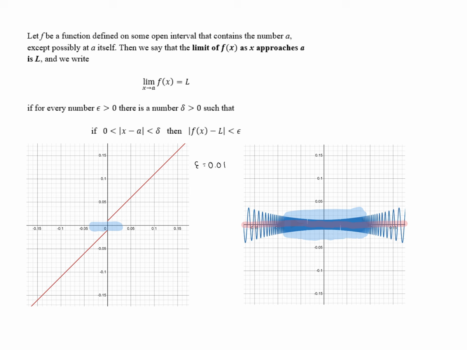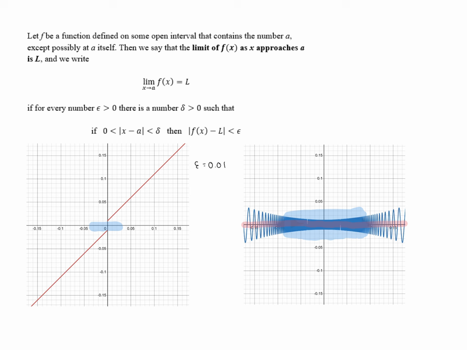I can't actually see what this distance is, but there gets to be a point where, unfortunately, our function is oscillating too much, and it doesn't matter how much we zoom in, how small of a neighborhood we're looking at for our x value, the y values keep getting too large and too small.